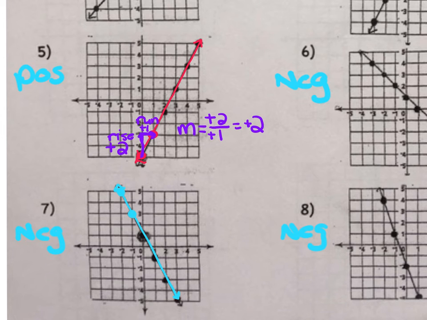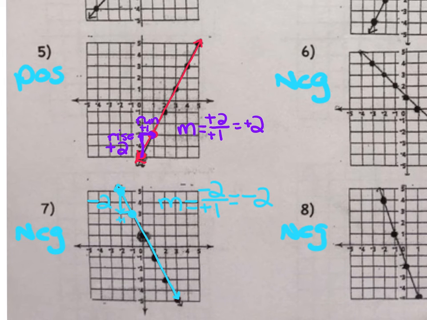In this case, we have to move downward for the rise. Moving down is a -2 value, and running sideways is a +1. So when we calculate our slope here, it's a -2 rise over a +1 run. What do we get? A -2 slope.